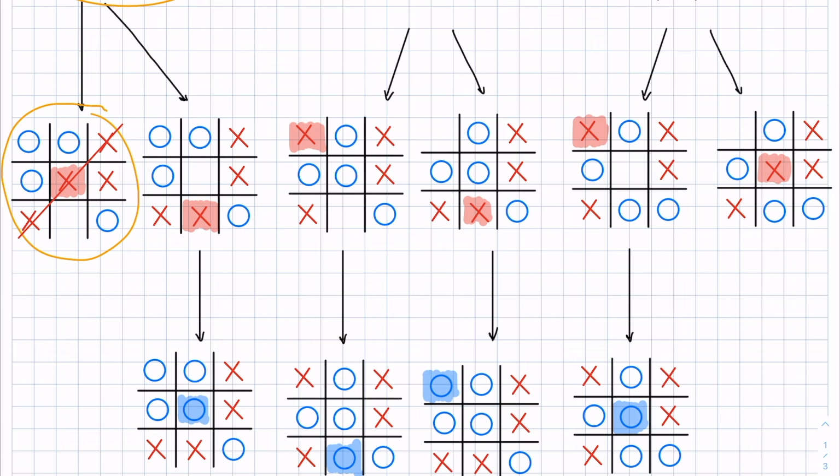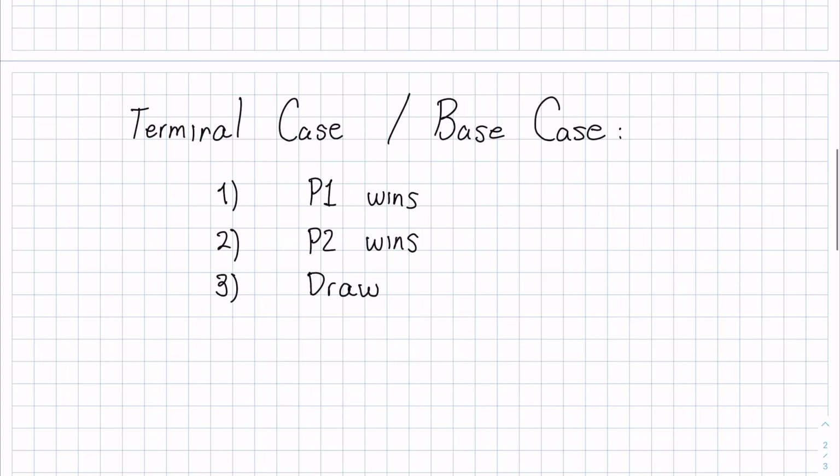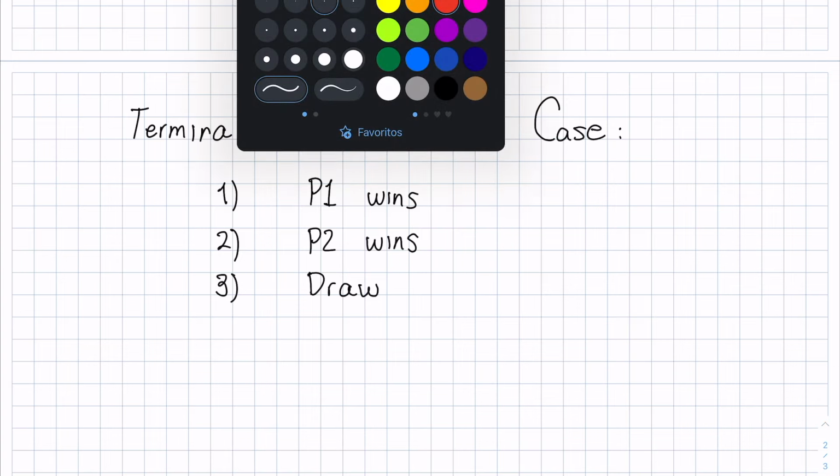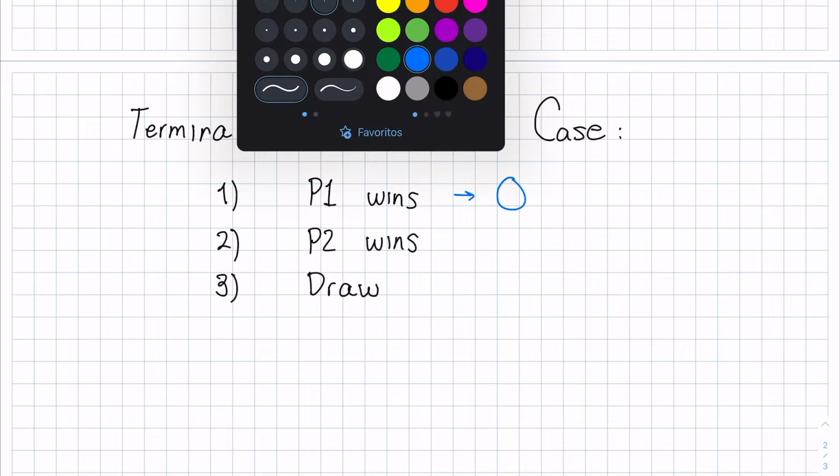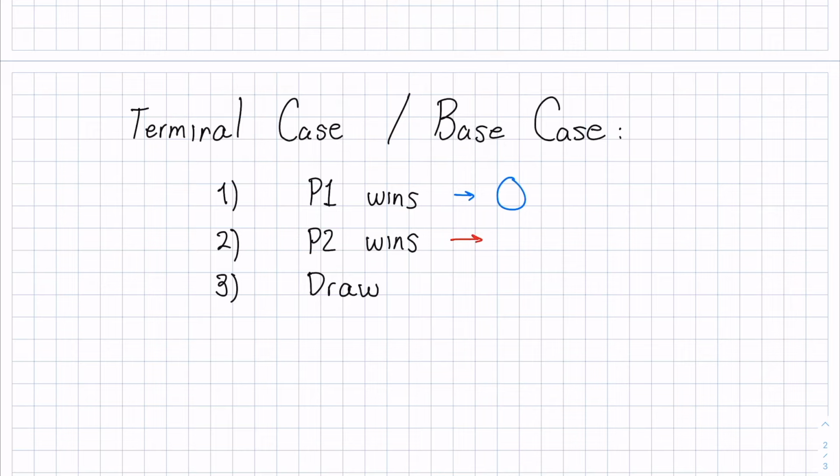Now, what happens if we reach a terminal case? There are 3 options, as I told you. Now, if player 1 wins, and remember, player 1 in this example is going to be the circle, and player 2 in this example is going to be the cross. If player 1 wins, remember, he wants to minimize. So we're going to return a negative number. It could be any negative number.